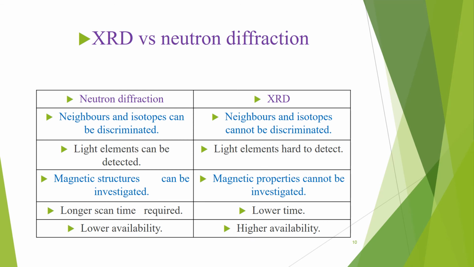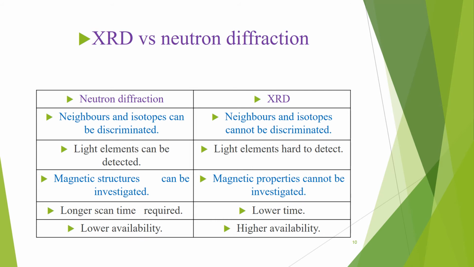Here is some comparison between XRD versus neutron diffraction. In neutron diffraction, neighbors and isotopes can be discriminated, while in XRD, these neighboring atoms and isotopes cannot be discriminated.